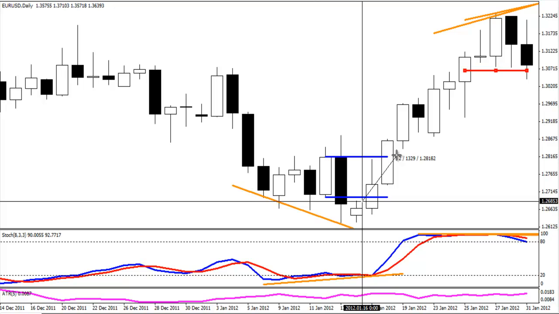So a 75 pip stop loss to make 133 pips. That's very nearly a 2-to-1 reward to risk straight away on the first part of the trade. The second part of the trade here actually ran to making around 380 pips of profit from the 75 pip stop, which is around about 5.5% return from the trade.